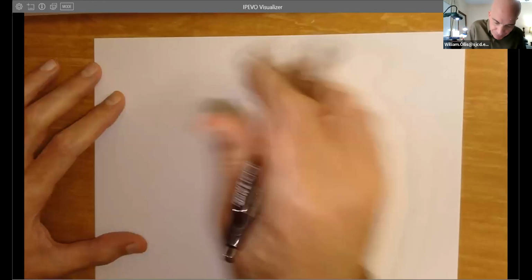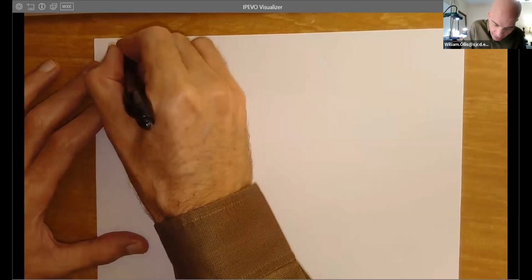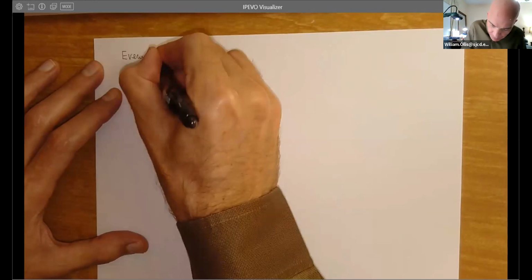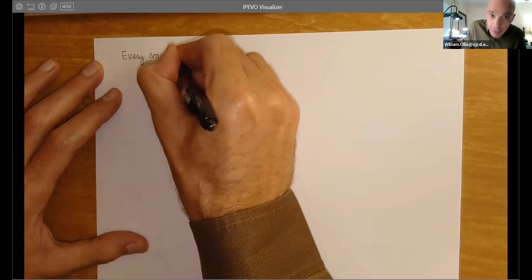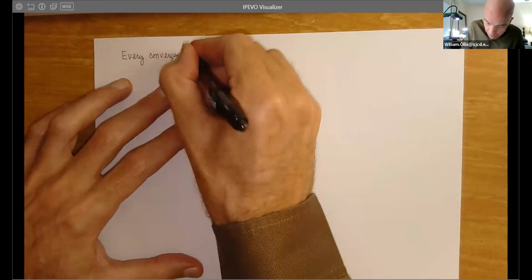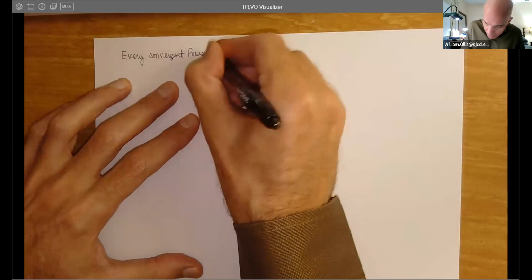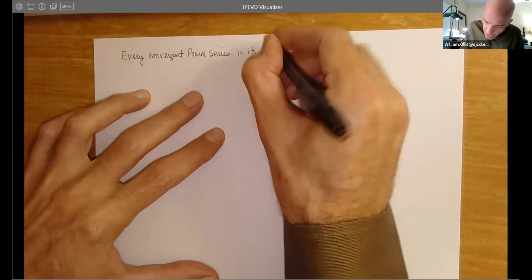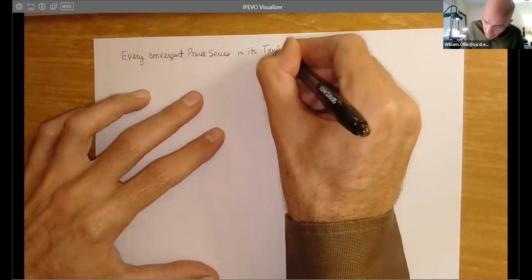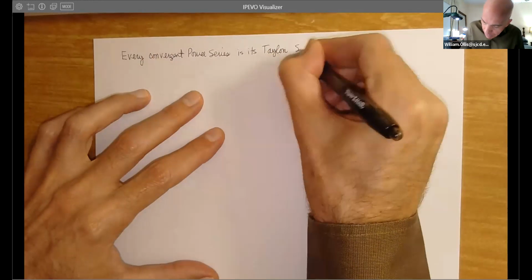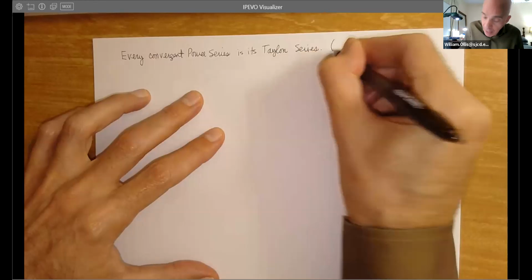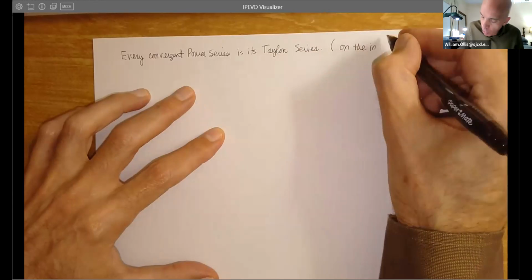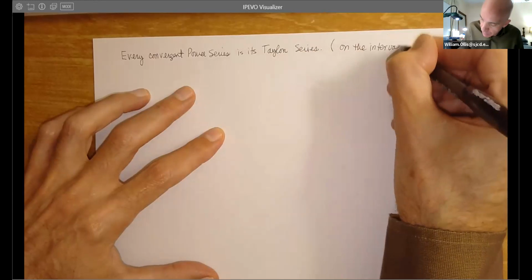So for instance, every convergent power series is its Taylor series. And what I mean is on the interval of convergence. Outside, we don't know what it is. On the interval of convergence.